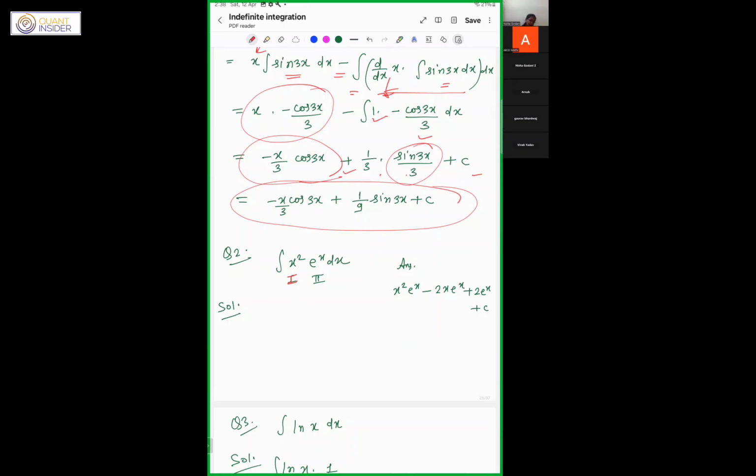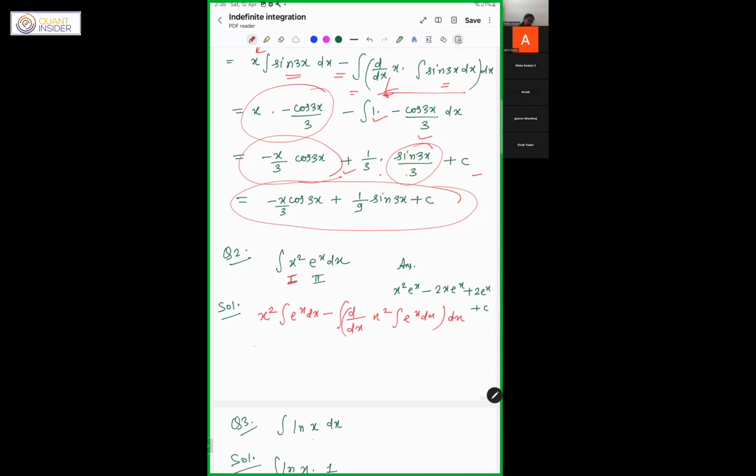By applying the formula: first function as it is, integration of second, minus inside the integration, differentiation of first function, then integration of second function, then integration of the whole function.